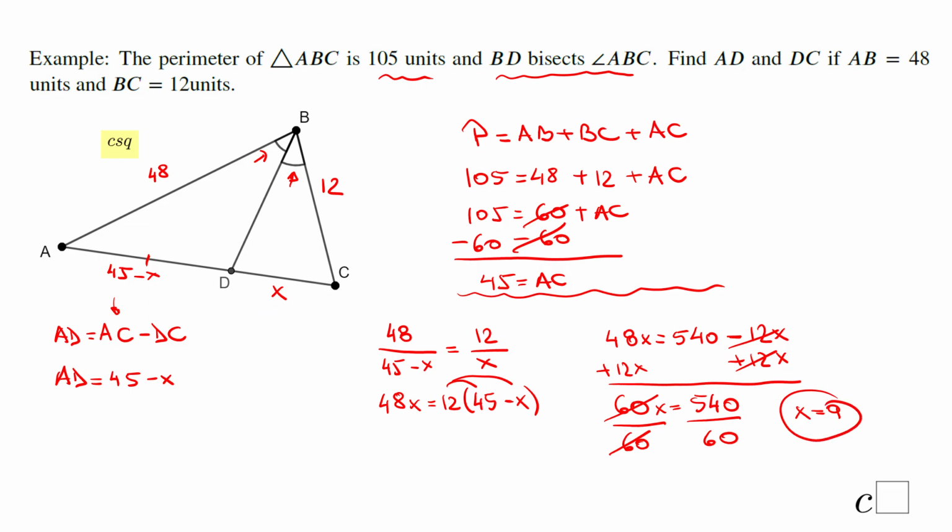No, we are asked to find AD. Okay, and DC. So this is 9. This one will be 45 minus 9, 36. So AD is 36.